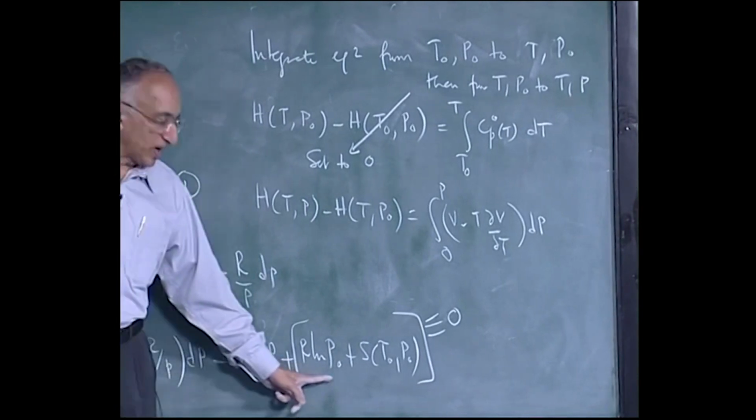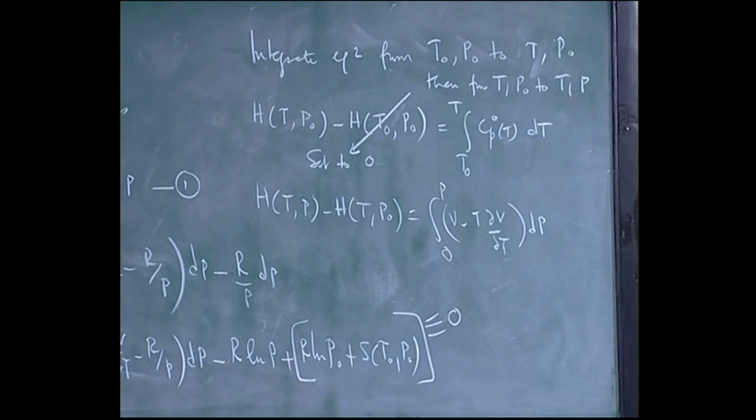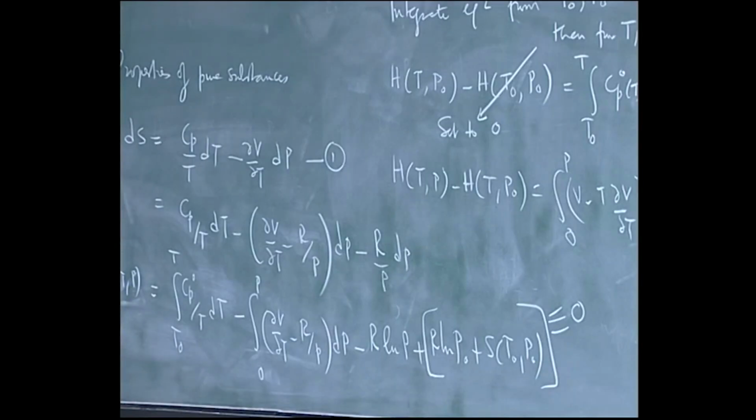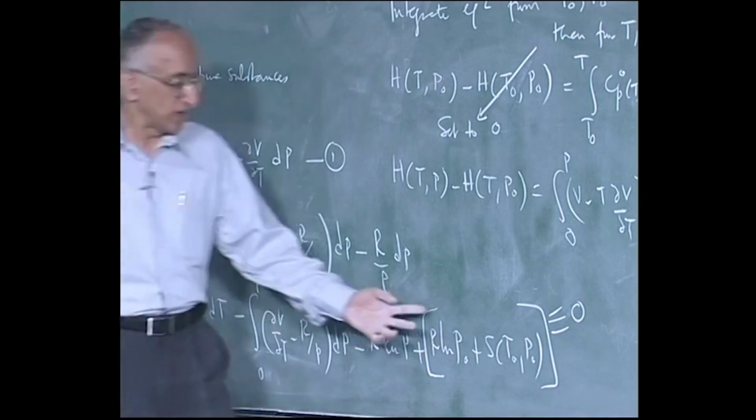I will subtract off R ln P0, that same identical quantity from itself, so it will cancel. If I take the limit of P0 going to 0, it will go to minus infinity, so I avoid taking that limit and simply set this component equal to 0.